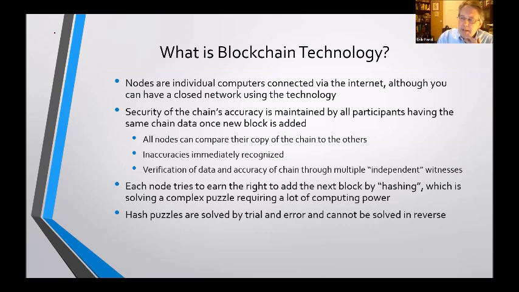And I'll get to that a little bit more also in the cryptocurrency part of this. But once that is solved, then that party gets to add the next block. They're compensated for it, and then the chain is verified. The information is spread out to all the other parties who are participating, and then the next block comes up.